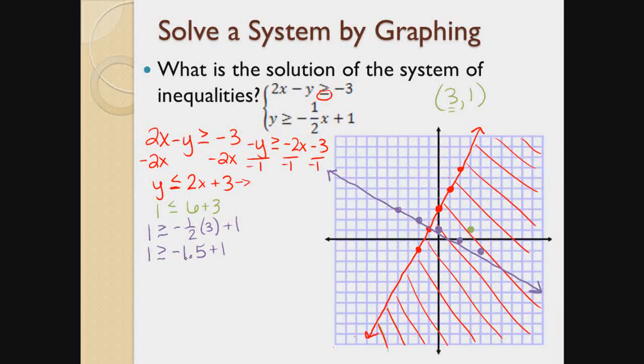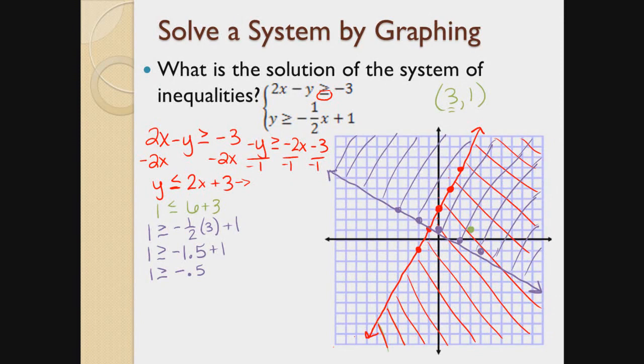The answer is yes, because -1.5 plus 1 will equal -0.5. And 1 is definitely greater than that. So we're going to shade the purple line where that green dot is, which means above. Remember that if you can see what's above and below, you do not need to pick the test point.